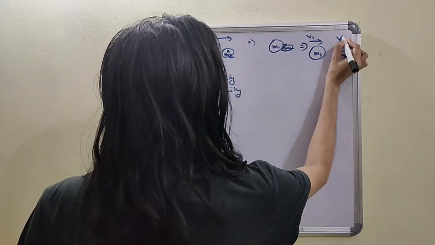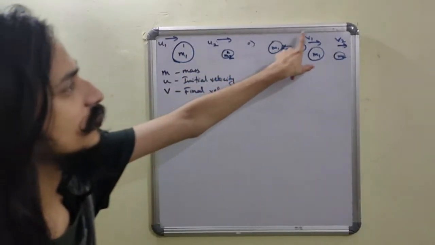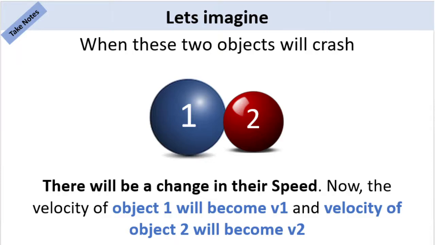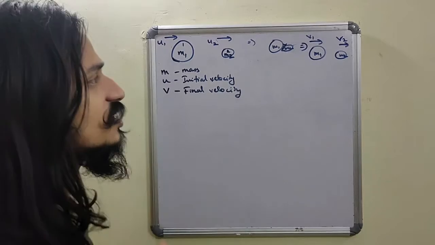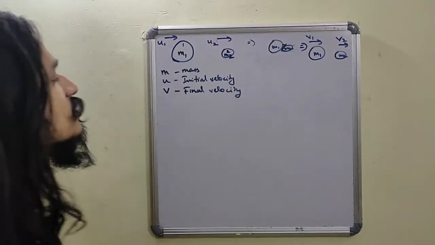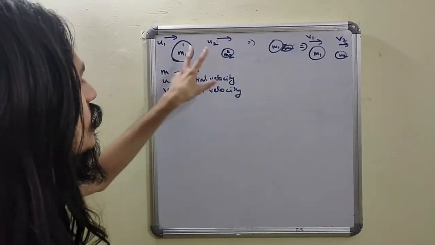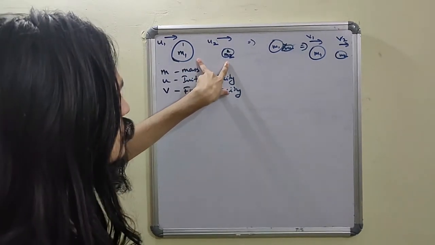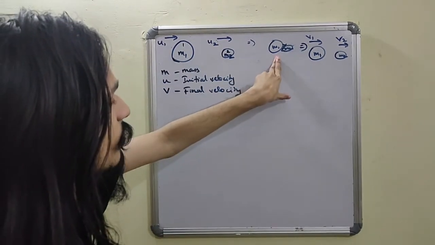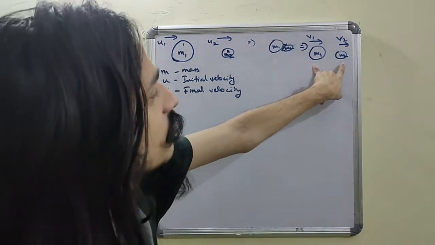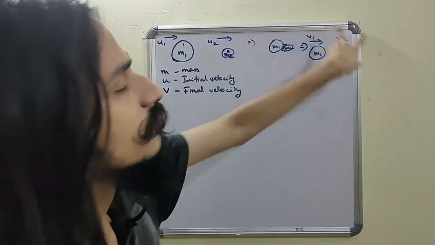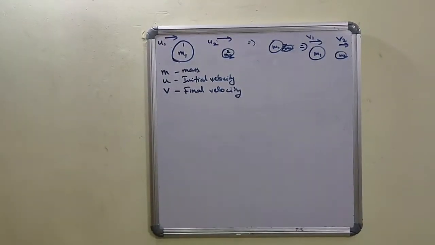Both of their speeds have changed: u1 changes to v1, u2 changes to v2. How much the change happens depends on the object and the case. But for now we will say that two objects with this mass and this velocity crash, and after crashing they keep moving but with different velocities. The mass is the same but the velocity has changed.